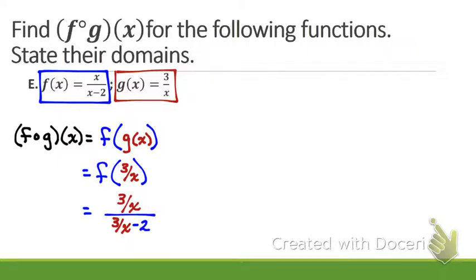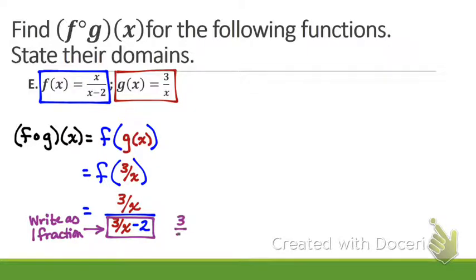This just turned into a really disgusting looking fraction. Let's focus just on the denominator for a minute. I want to take this denominator and I want to write this as a single fraction. How should I go about that?